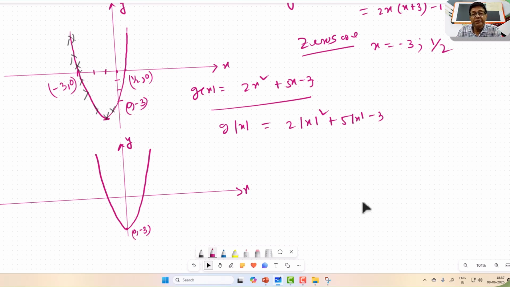Let us complete the graph of mod of g(x) now. How to get the mod of g(x) graph? You have to take reflection about the x-axis of this one. This part is 1 by 2, 0. This has to be minus 1 by 2, 0.